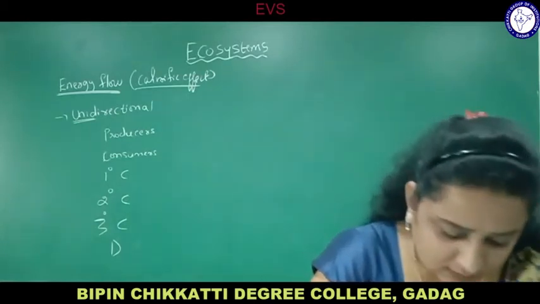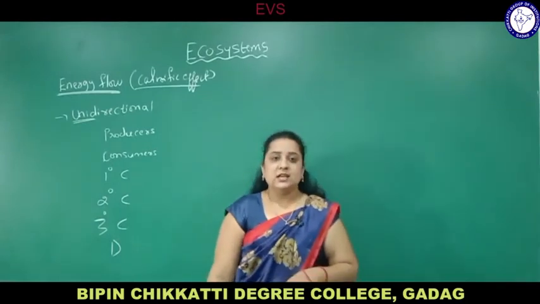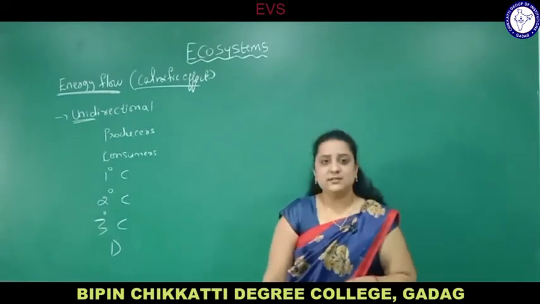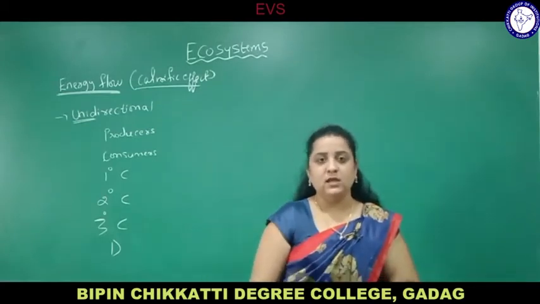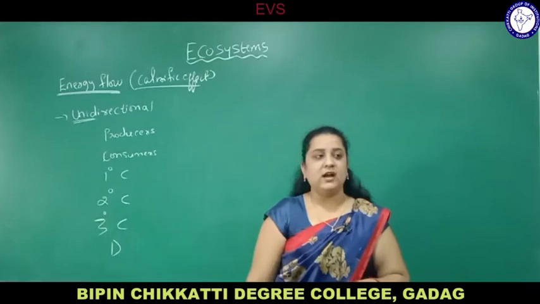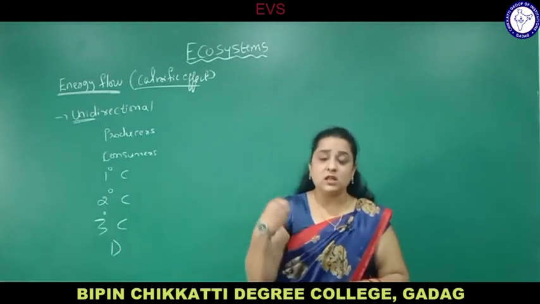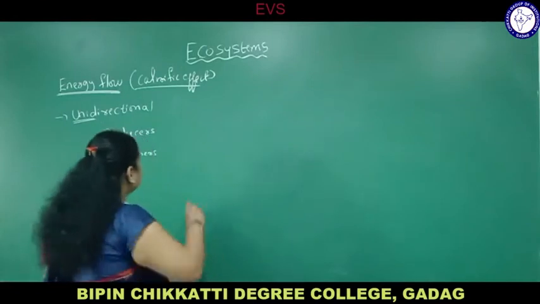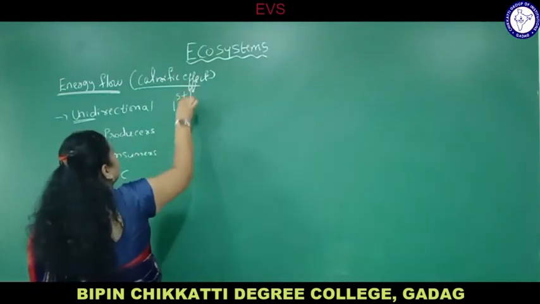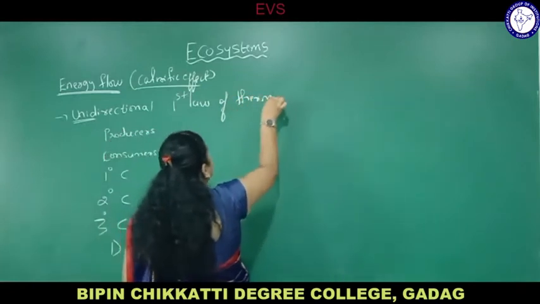Okay, there are two laws. The first law, I already told you, is that energy can neither be created nor destroyed. Can you create energy? No. Can you destroy energy? No. We can't see the energy, but it is present in animals, plants and human beings, and it is only transformed from one form to another form. That is called the first law of thermodynamics.